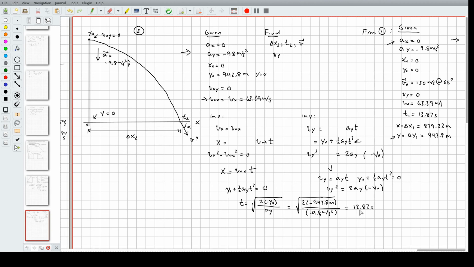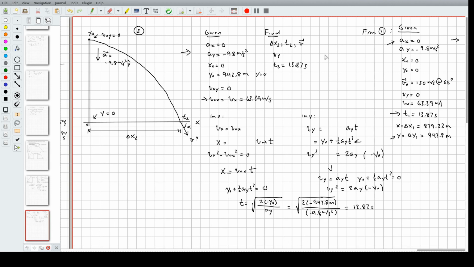You know, that really looks familiar. What is this? You're telling me it takes the same amount of time to fall as it took for it to go up. I've seen that before. I saw that in symmetric problems. And guess what this is? This is a symmetric problem. I'm going to make some predictions now.